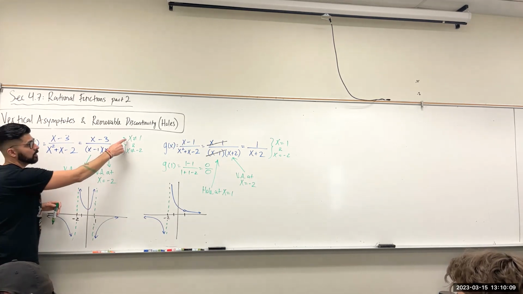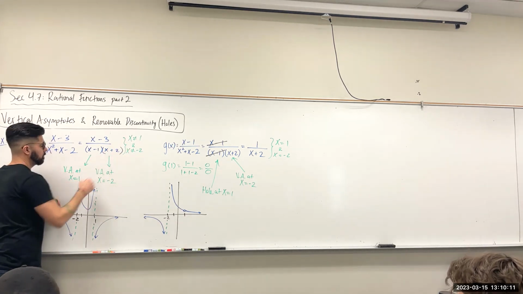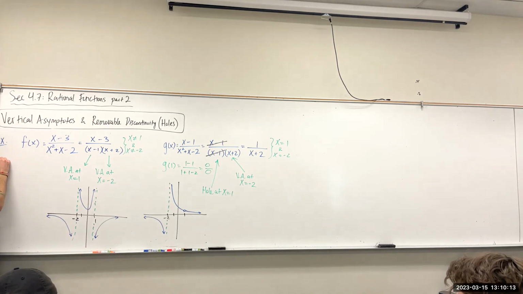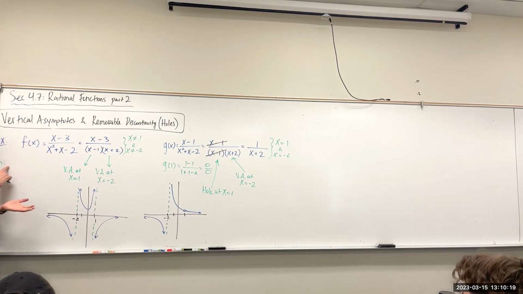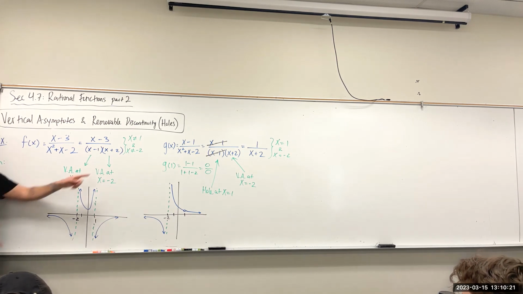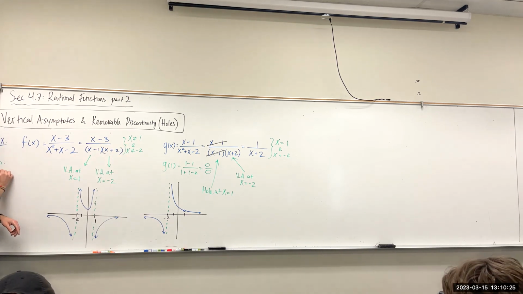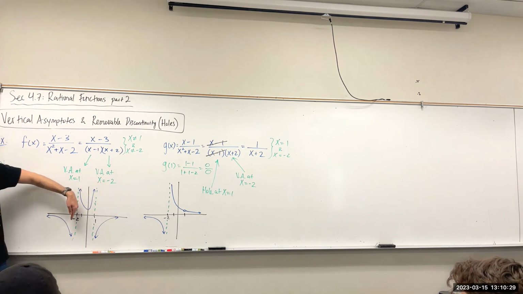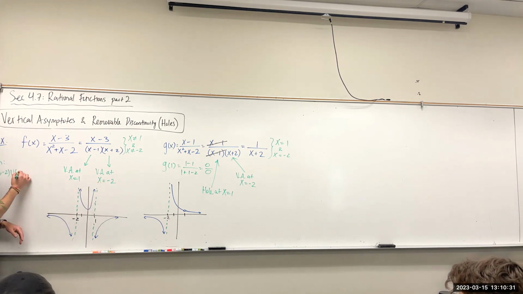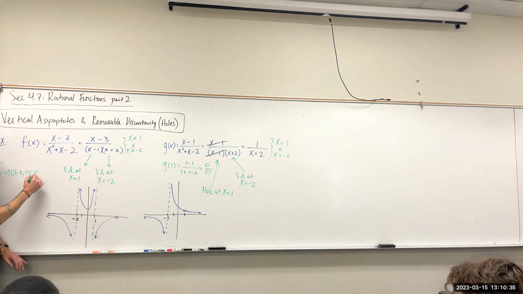Because the domain only excludes these guys here. Like I gave you guys on the test, you would have to write the domain in interval notation. So it's anything less than -2, union, everything in between -2 and 1, union, anything greater than 1.